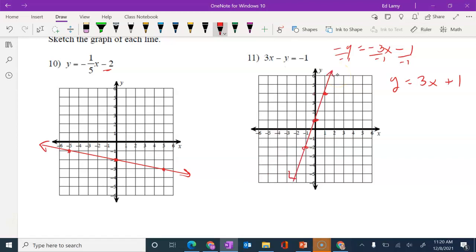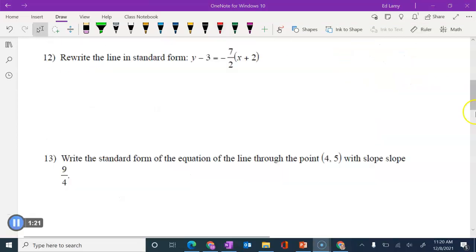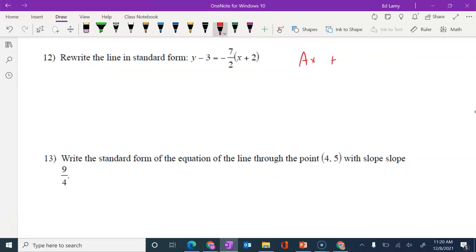And that's number 11. Form of a linear equation is ax plus by equals c, where a, b, and c are integers, and we want the lead term to be a positive integer, so the lead coefficient is positive.